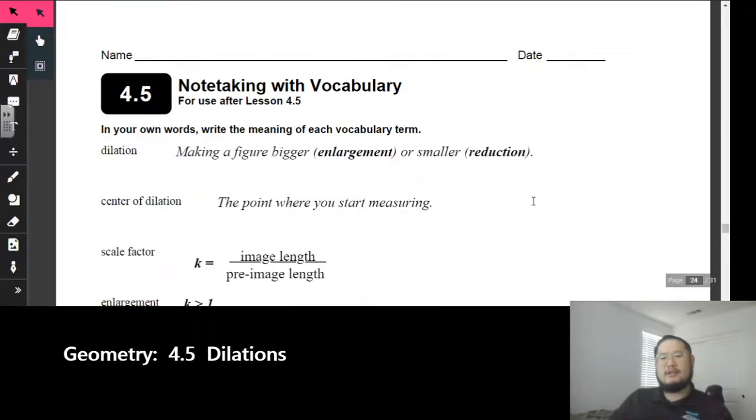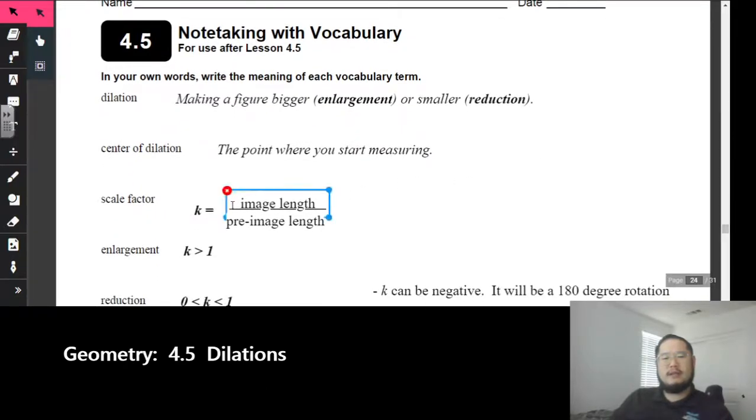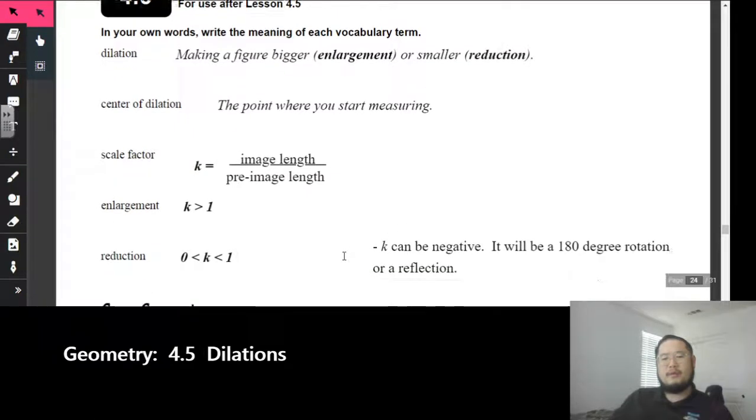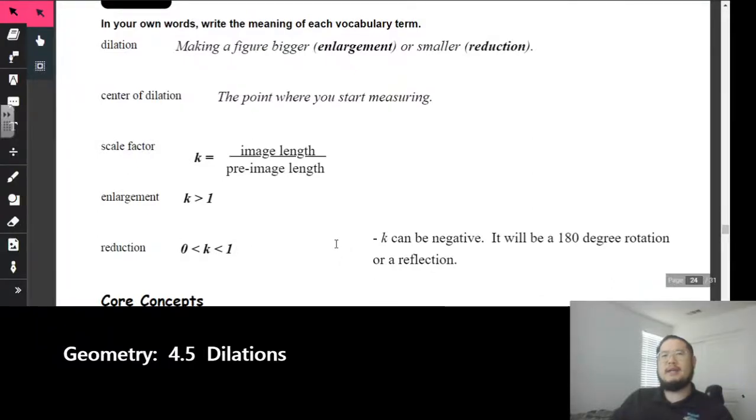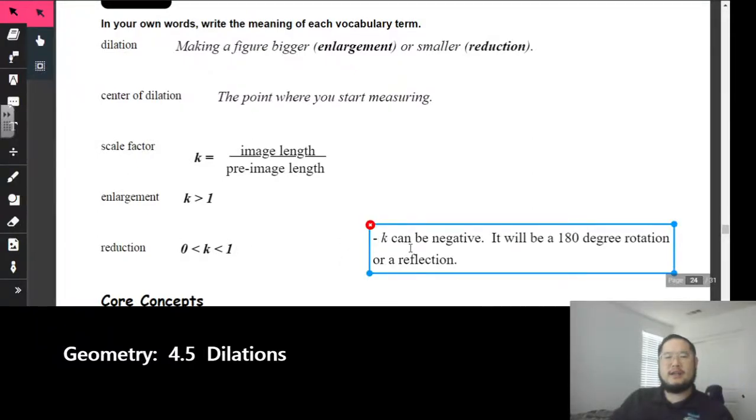The scale factor is important because if the scale factor is greater than 1, then we have an enlargement. Think about it. If you take something and you multiply it by 2, then the numbers get bigger, so therefore an enlargement. If k happens to be less than 1 and greater than 0, then we have a reduction, meaning pretty much we're dealing with a fraction there at that point in time.